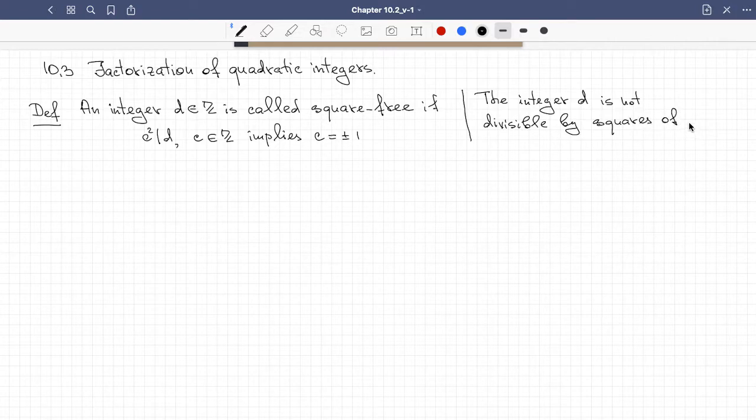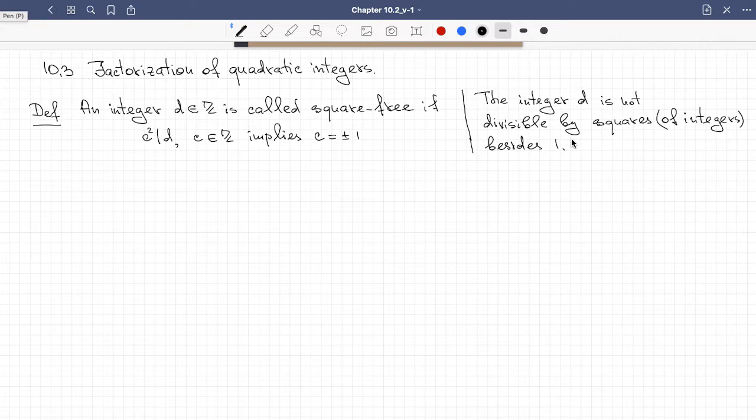Besides 1, which of course divides any integer and is of course the square of itself.